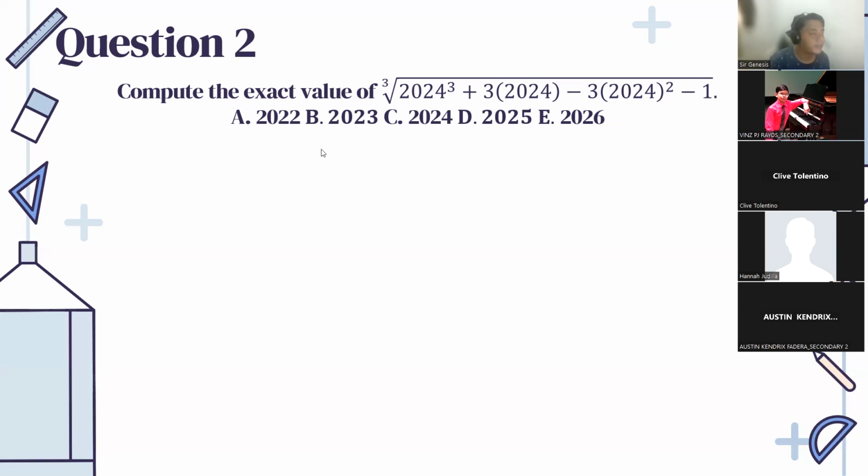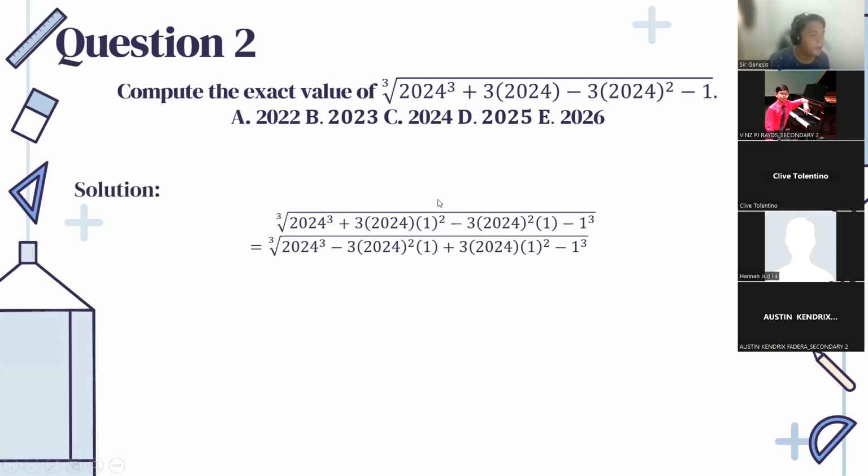If you're familiar with special products, we can just express this one into cube root of 2024 cube, while this one right here we have minus 1 cube. And then for the whole expression, you may notice that we have 3's here.